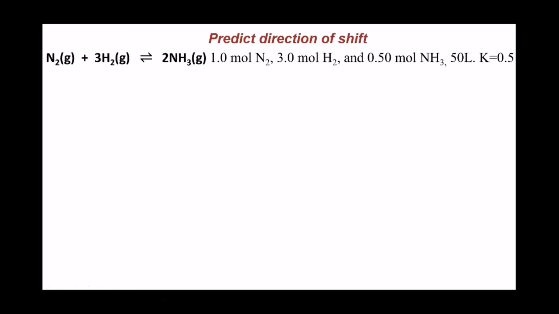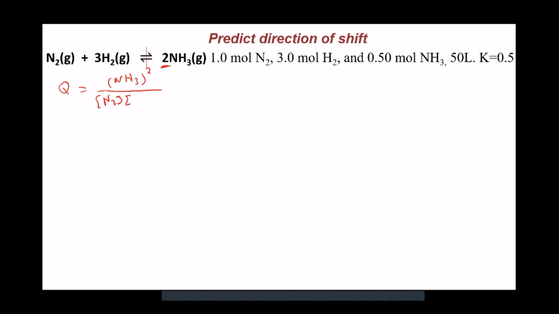So first we set up the reaction quotient expression. The reaction quotient for the reaction is going to equal the actual ratio of concentrations: the product concentration, ammonia, raised to the power 2 because you have 2 moles in the reaction, divided by the concentration of the reactants, nitrogen and hydrogen raised to the power of 3.